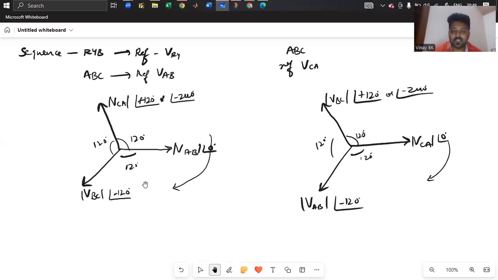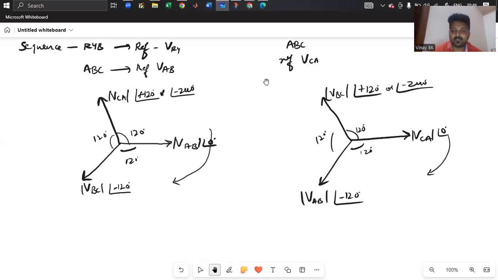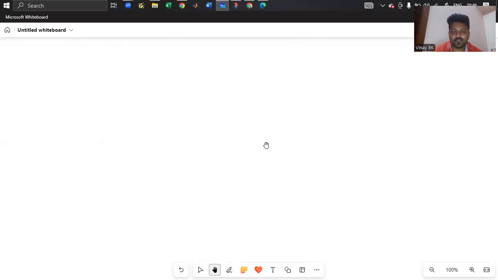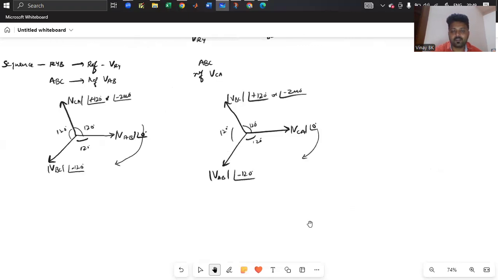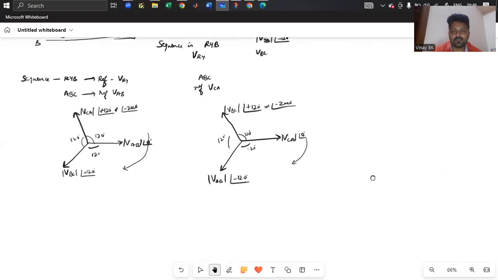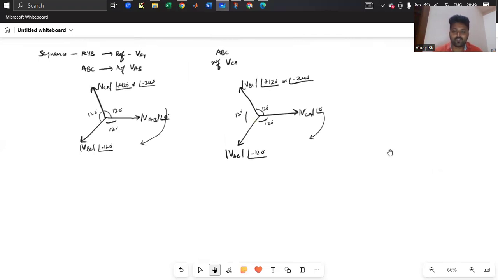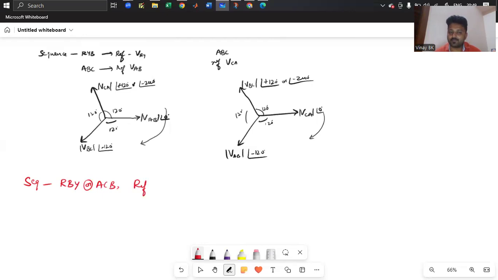The sequence is RYB or ABC. Suppose if the sequence is changing, so I'll just compare this. Suppose if the sequence is RBY, or ACB, and reference is VAC.